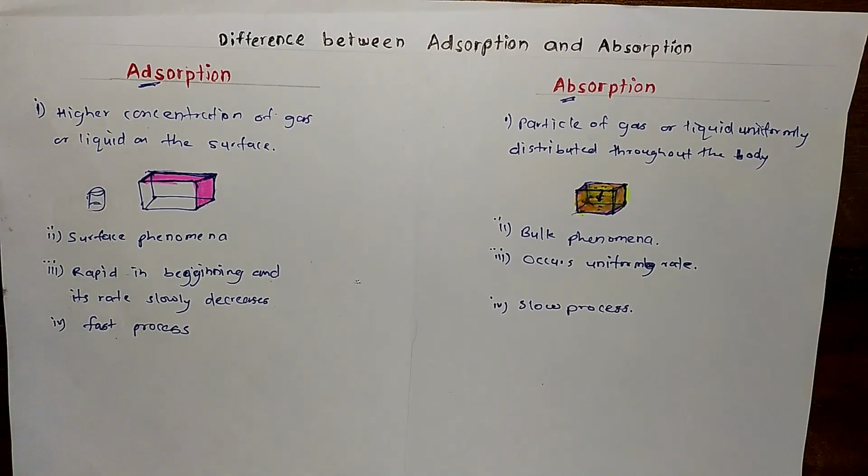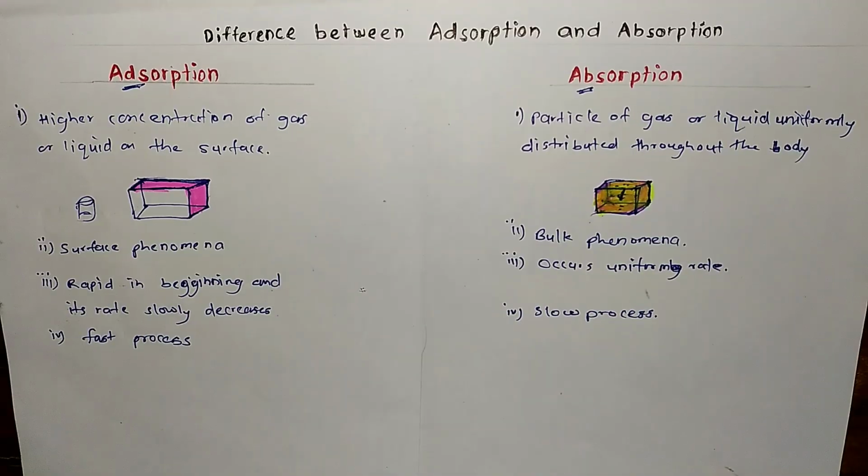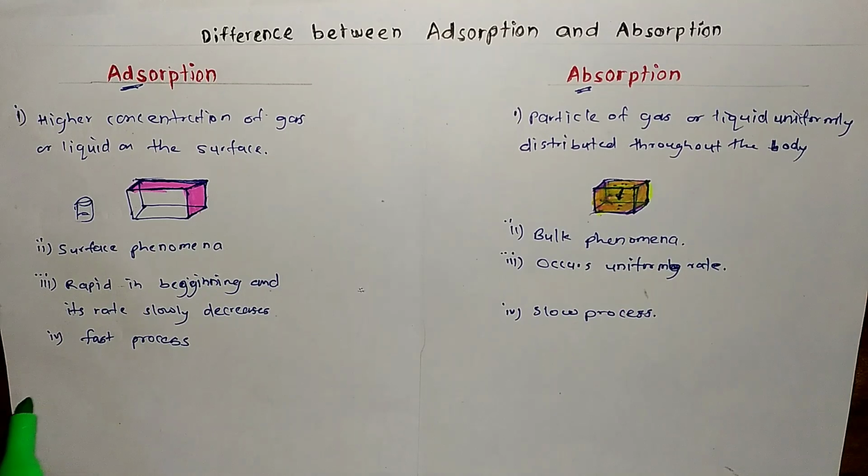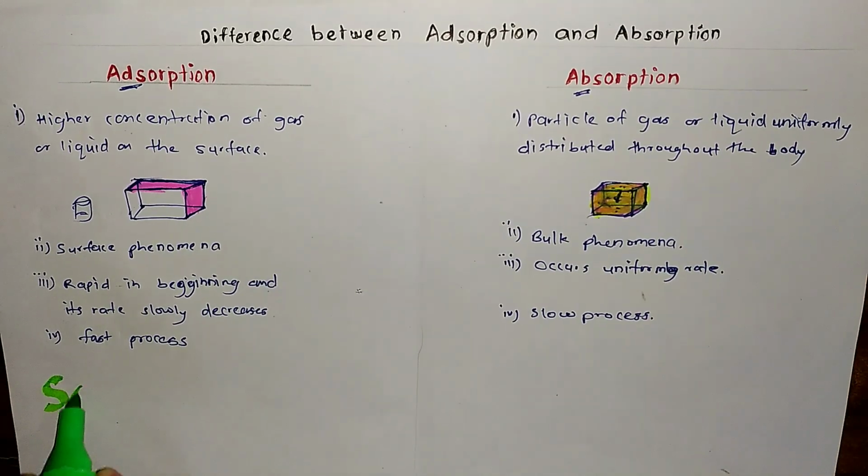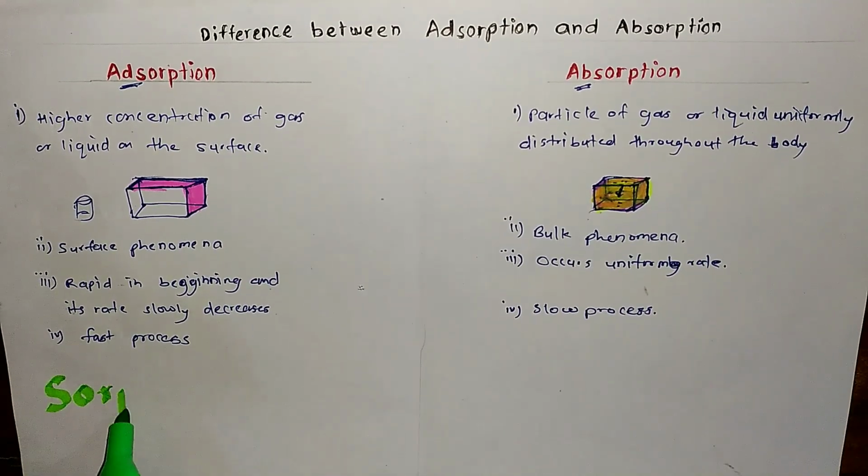These are the four differences between adsorption and absorption. This is one of the most important concepts from the 12 board exam point of view. The next term is sorption.